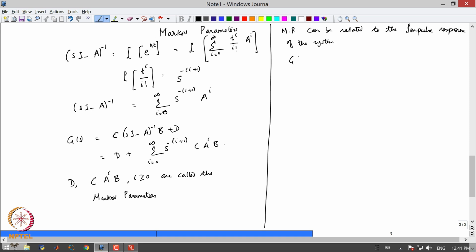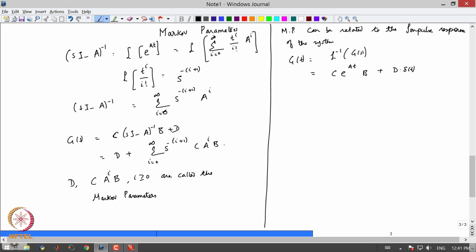Therefore, G(t) would be the inverse Laplace transform of G(s), and I do all the steps, and what I get is the following: C e power At B plus D with the impulse function delta(t).